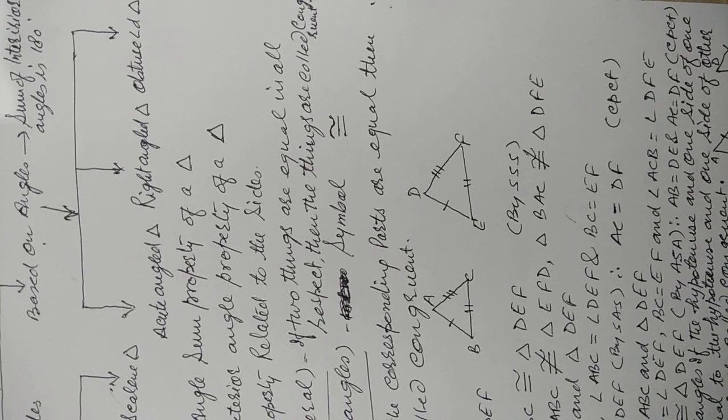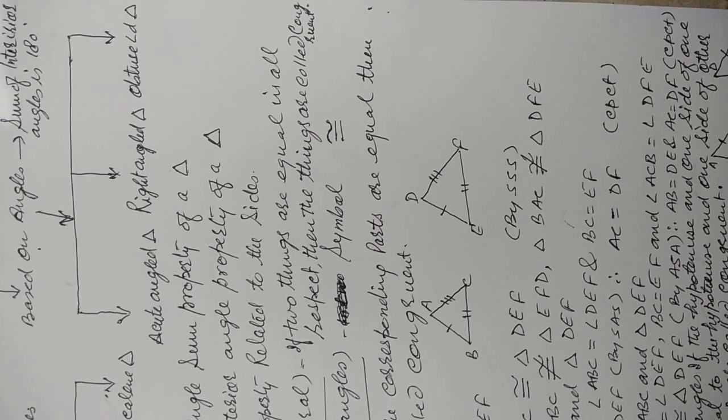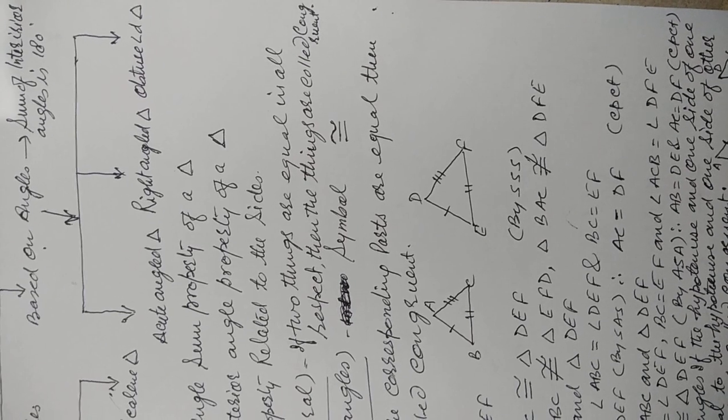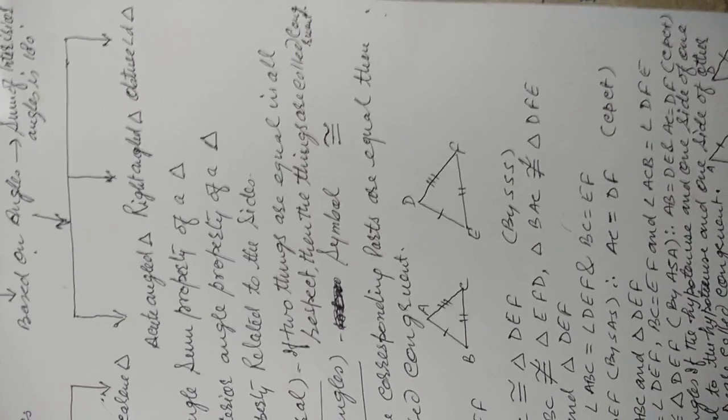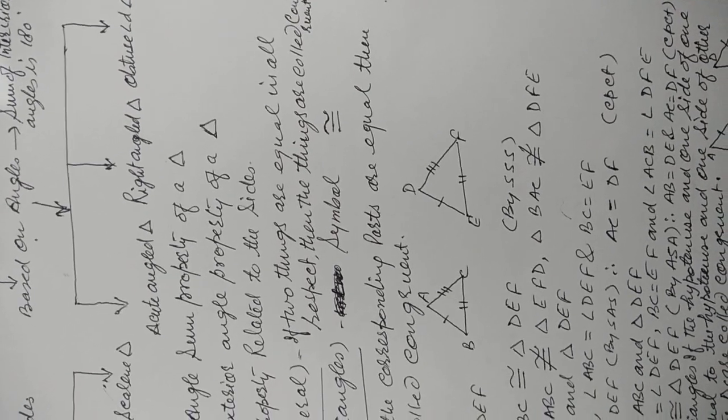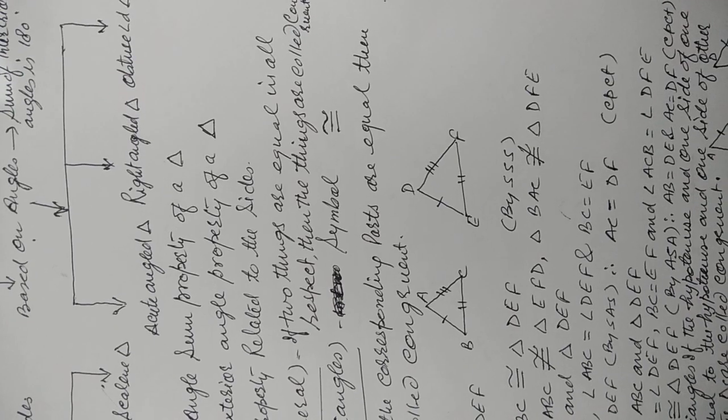Acute angle triangle is a triangle in which all the angles are acute or less than 90 degree and the sum of interior angles is equal to 180 degree, then the triangle is said to be acute angle triangle. Second one is right angle triangle.